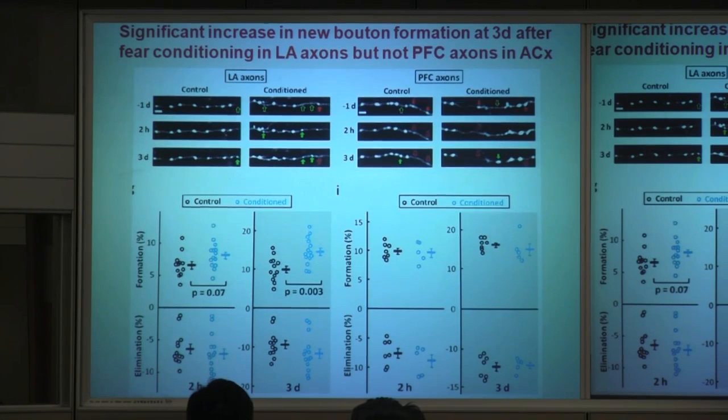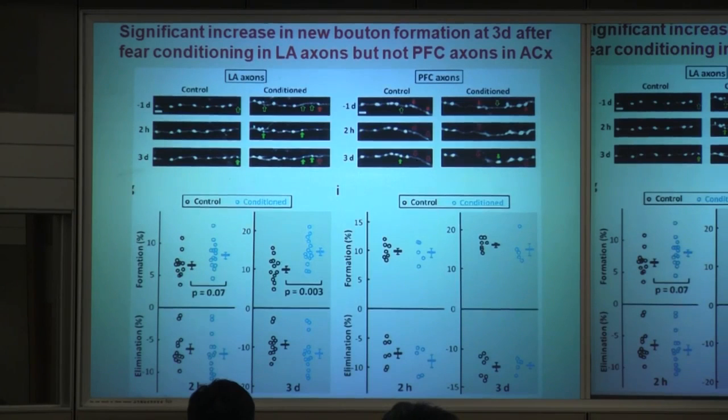So during this training of pairing, something is happening in this cortex, that new connections are made by forming new boutons, new presynaptic structure. The bouton that's eliminated or disappearing, the constant turnover, doesn't change. So it's the new bouton that gets loaded in.